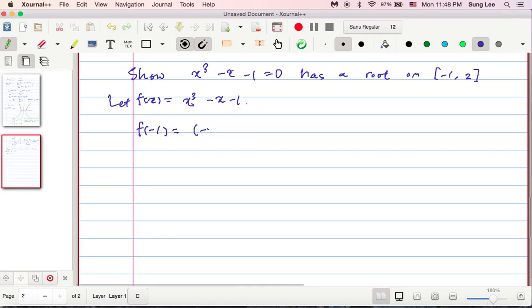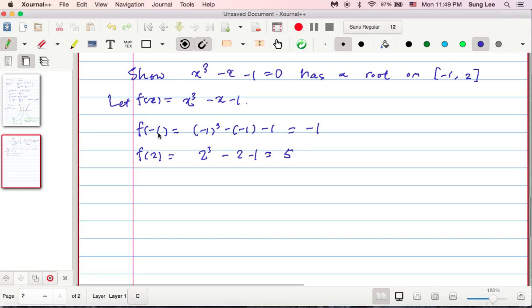That's -1 cubed minus -1 minus 1. So that's -1 plus 1, which cancel each other, leaving only -1. f of 2 equals 2 cubed minus 2 minus 1. 2 cubed equals 8, so 8 minus 3 is 5.